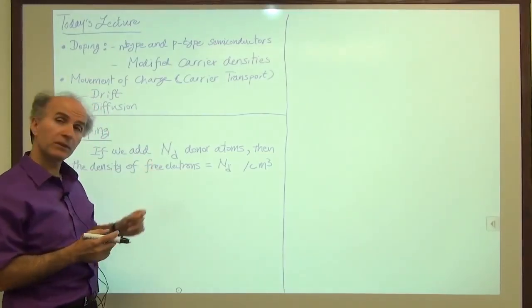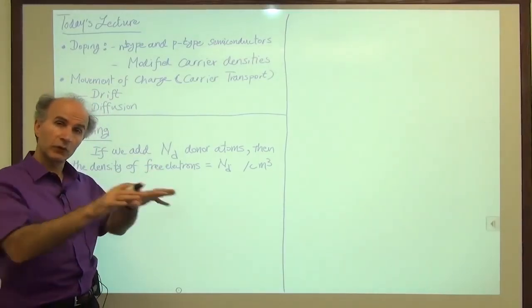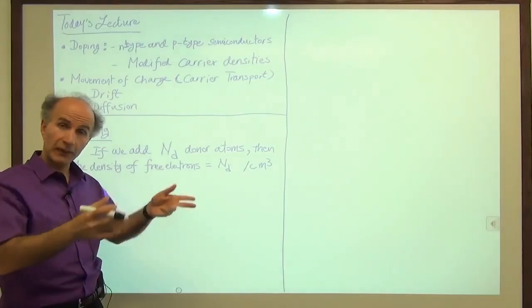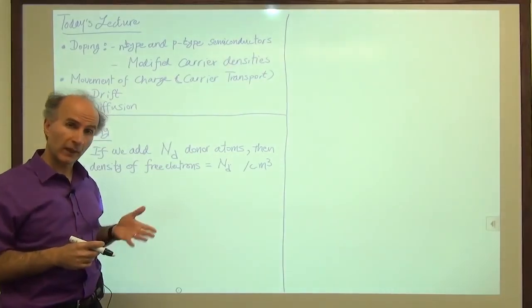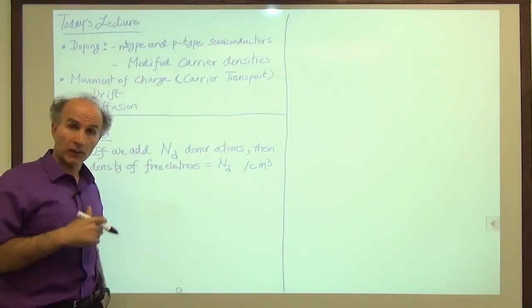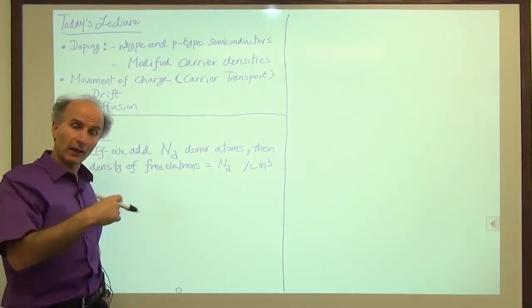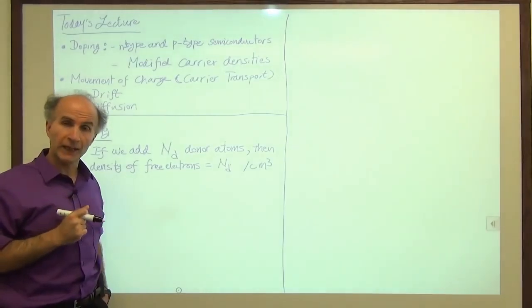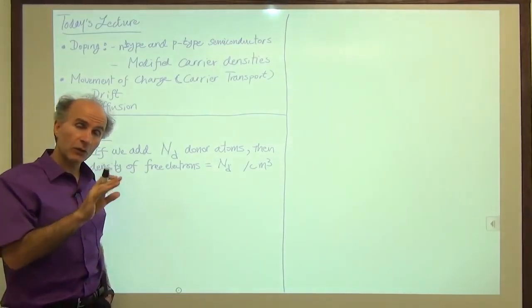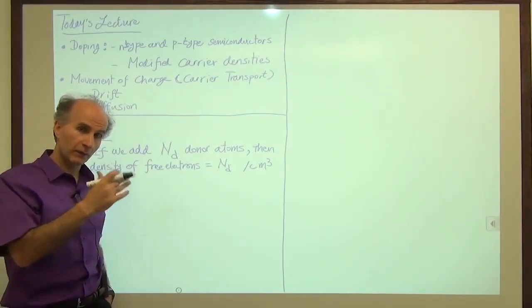Now, is that true here? We add some donor atoms, so we have lots of free electrons. What happens to the holes? Do they stay the same as pure silicon? Do they go up or do they go down? So we don't know yet, but there's also room for confusion in terms of our notation.